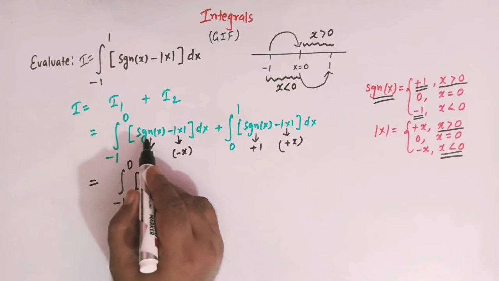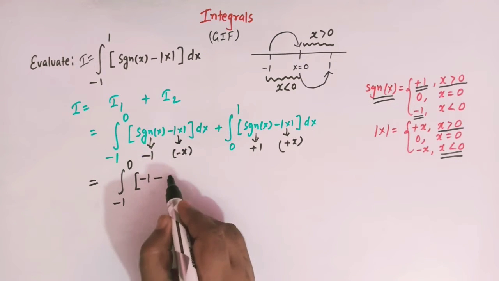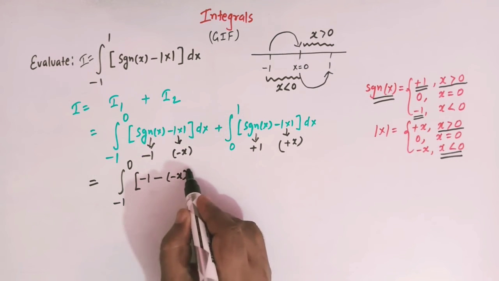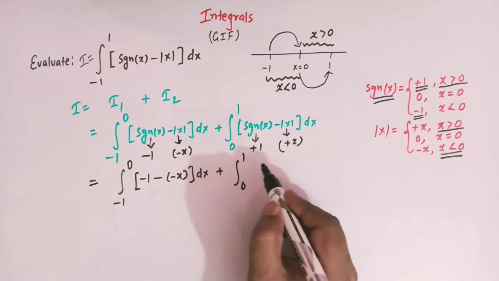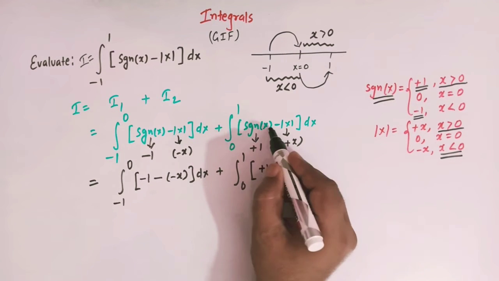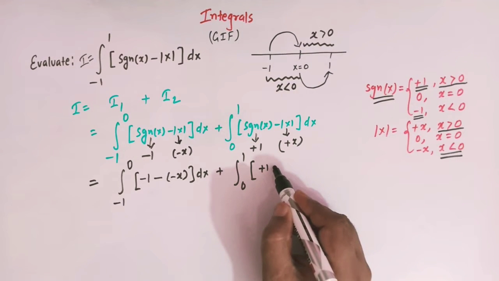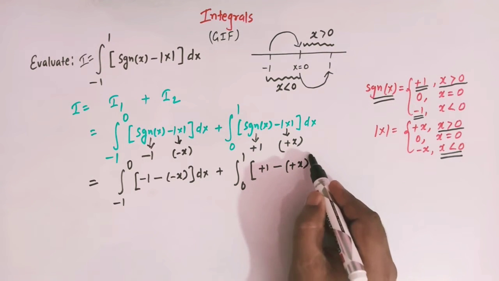We have greatest integer of, here we have -1, then we have minus, and here minus x, right? And here we have 0 to 1, greatest integer of, here we have signum x is equal to +1, and here we have plus x, right?